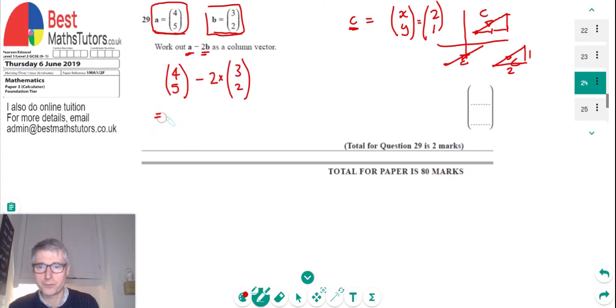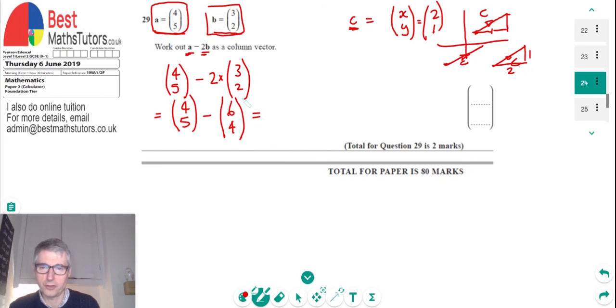So we could rewrite this and say the A vector stays as it is. In this vector, the 2 multiplies the 3 there, so we get 6. And the 2 multiplies the 2 there, so we get 4.